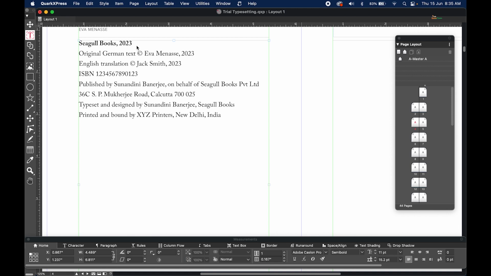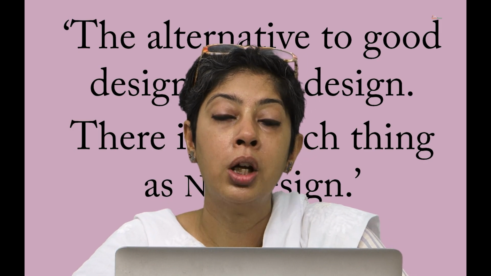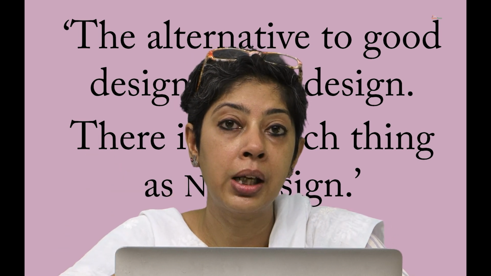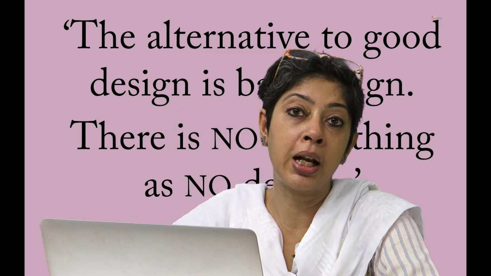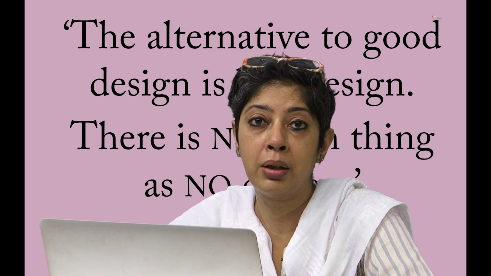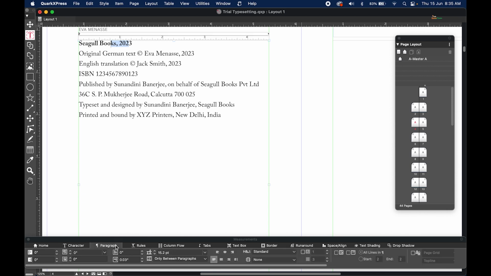I would like to tell you that each bit of the copyright information should be an individual bit of information. It actually means different things. The date of publication is not the same as the ISBN number. The ISBN number is not the same as the copyright information, and so on. So, at the date, I take your cursor to the date, come down to the paragraph and increase the space after.